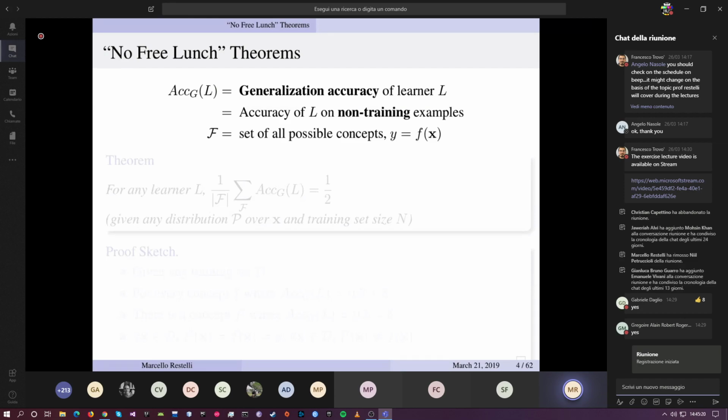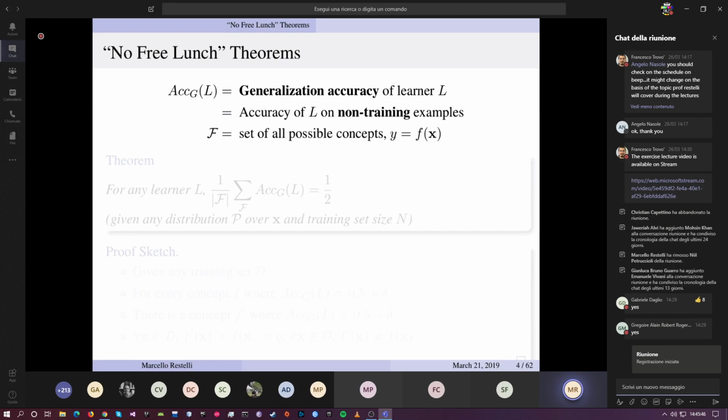So suppose that you have a space of possible inputs, you have used some inputs for training, and then all the other inputs, so all the non-training examples, are used to evaluate the accuracy of your learner. Of course, you are very interested in this performance because it is the performance that you will have once you use the learner over new instances.